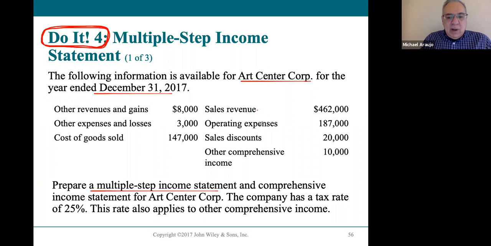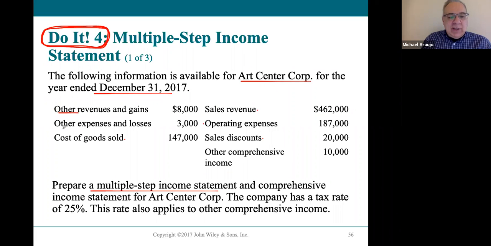Sales revenue minus sales returns and allowances, which there are none, minus sales discounts, which there are, will give us our net sales, right? So the first step is net sales. Then from net sales, take away your cost of goods sold, and that'll give you your gross profit. From your gross profit, you take away all your operating expenses, and that'll give you your earnings from operations or income from operations.